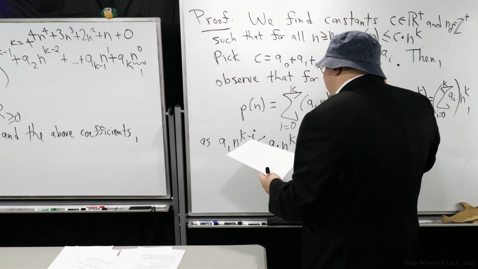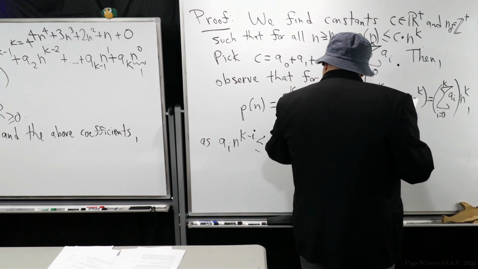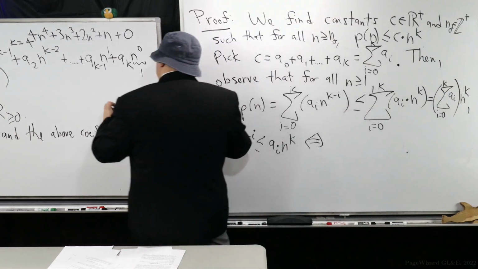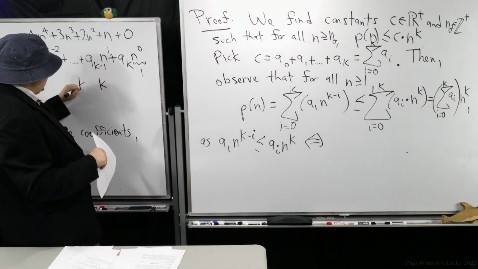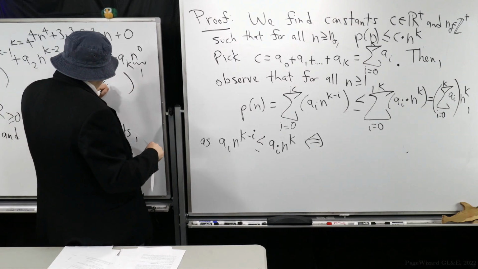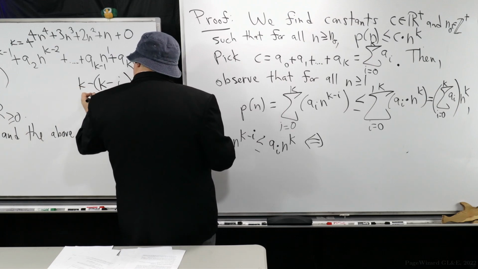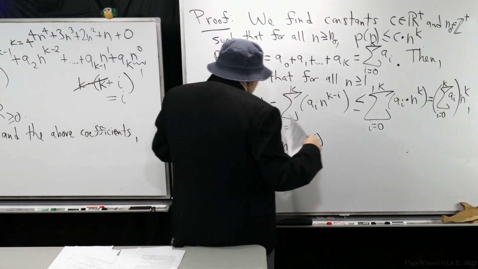But what is that? That's just i. Let's check that for ourselves with some side work. K minus, so if I have k minus i, the k's go away, but I have plus i left. So this will end up being just i.